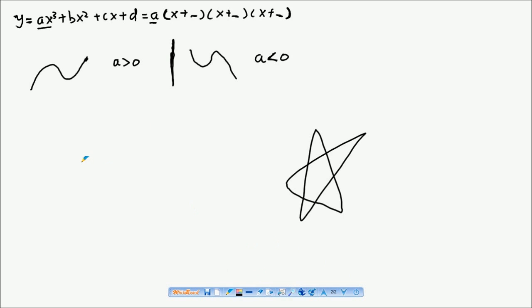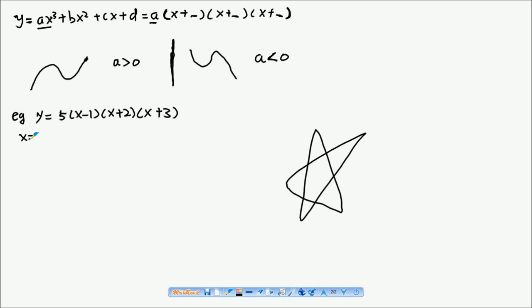Okay, let's do simple examples here. For example, if I have y equals to 5 bracket x minus 1 and x plus 2 bracket times x plus 3. Okay, say if I have a function like this, let's find the intercepts first.